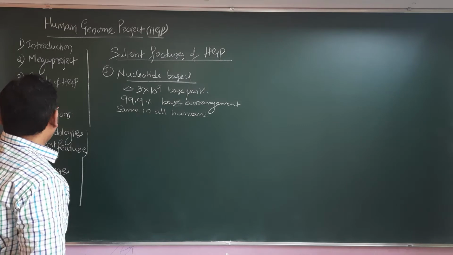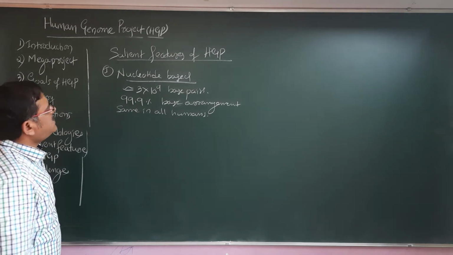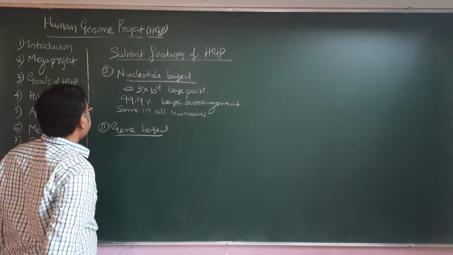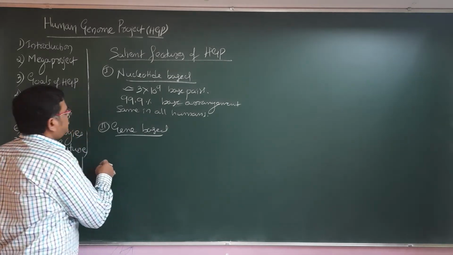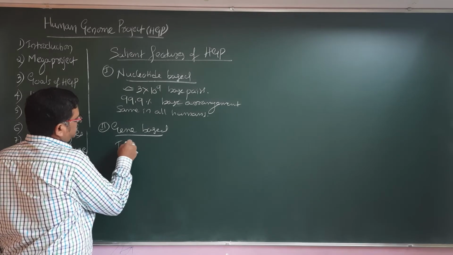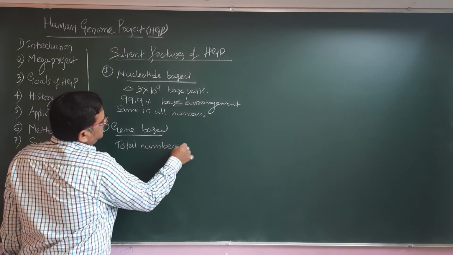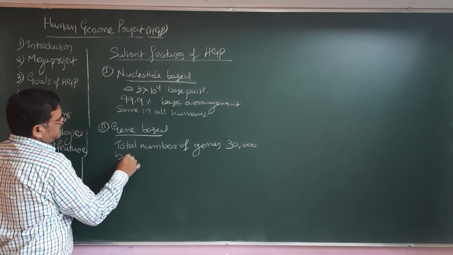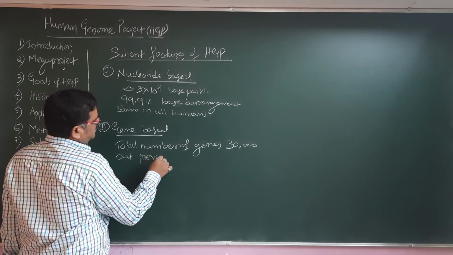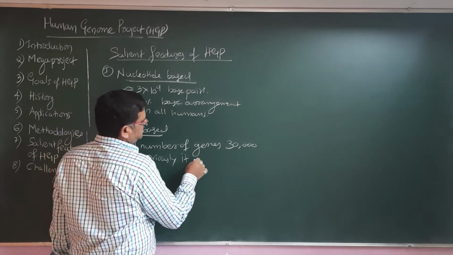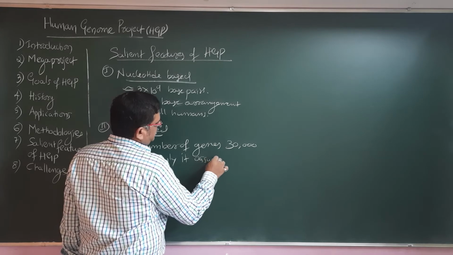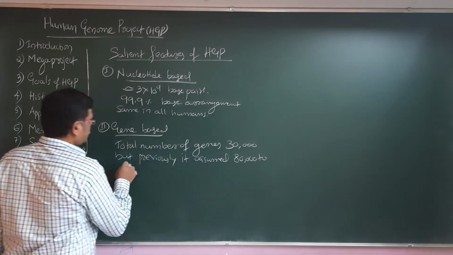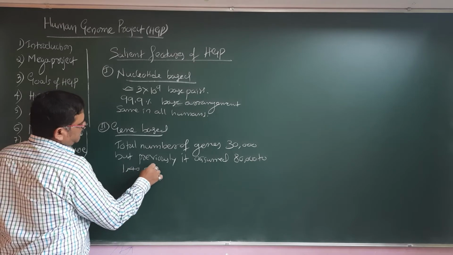And then secondly, the gene-based features. The total number of genes in the human genome is somewhere around 30,000, but previously it was estimated that it may be 80,000 to 1,40,000.